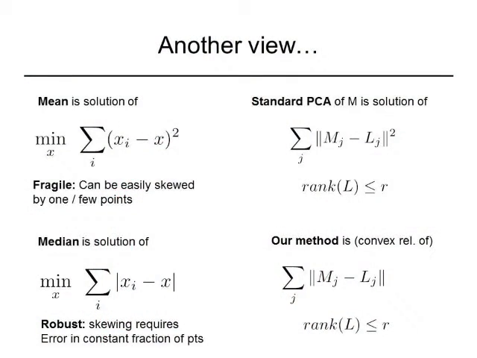Another view to understand this is a philosophical view. If we think of estimating the mean of a bunch of points, this is equivalent to minimizing the L2 norm: you want to find some x which minimizes the L2 norm of the reconstruction, and it is known that this is very sensitive. To make it less sensitive, you can minimize with respect to the L1 norm, and that will give you the median of a bunch of points, and people know that the median is very robust.